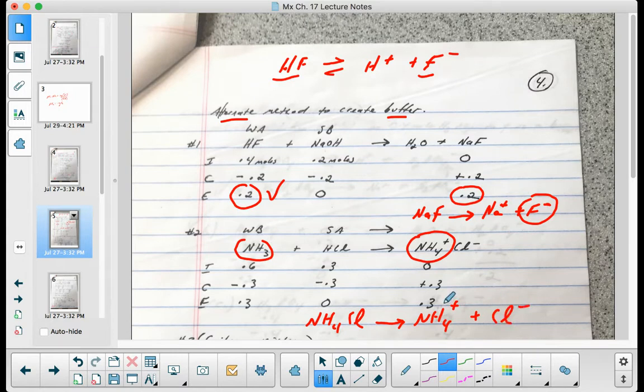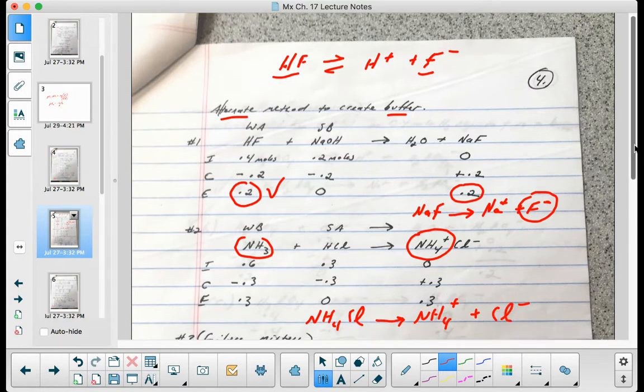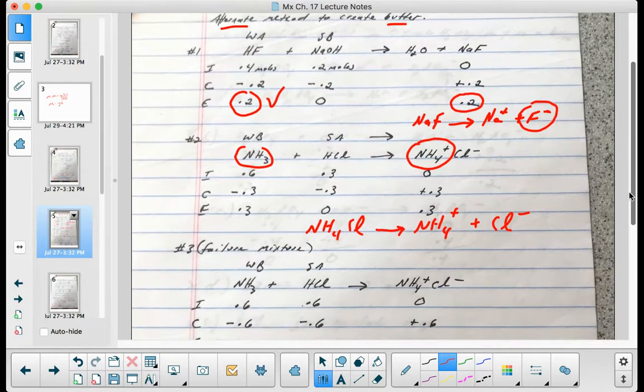So I'd have everything I need present in order to form the buffer.